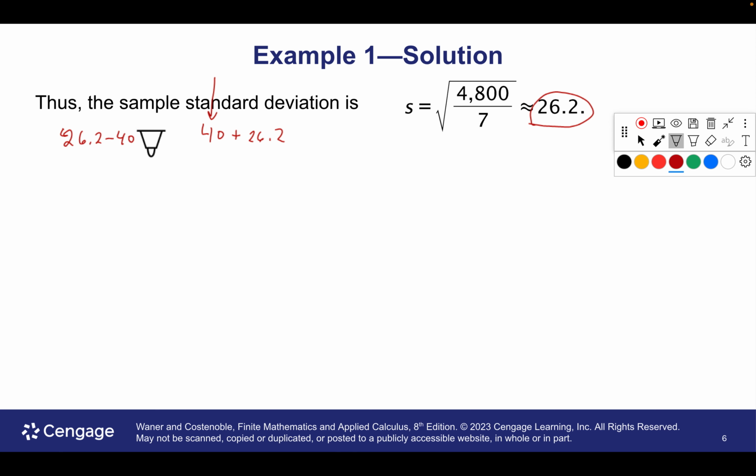In statistics it's standard that if we're below the mean, we usually use a negative number, because those numbers are going to be the same: one standard deviation above and one standard deviation below. So if you take 26.2 minus 40, what do we get? Negative 13.8.